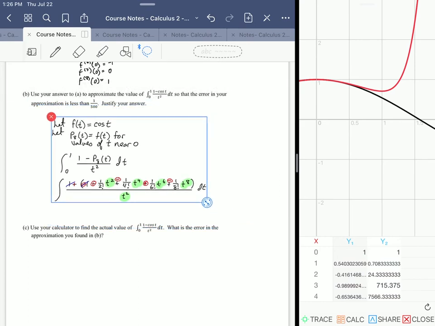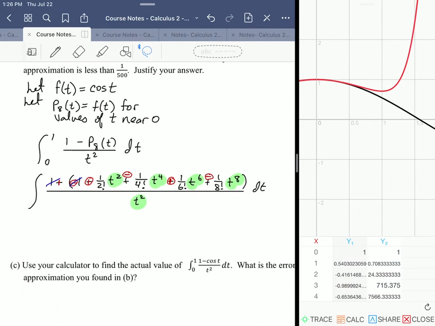Speaking of trimming things down, we'd be looking at 1 over 2 factorial, I'm going to leave it like that, like I said before, minus 1 over 4 factorial, now it's t squared, plus 1 over 6 factorial, t to the 4th, plus, I'm sorry, minus 1 over 8 factorial, t to the 6th dt, all before we even integrate anything.